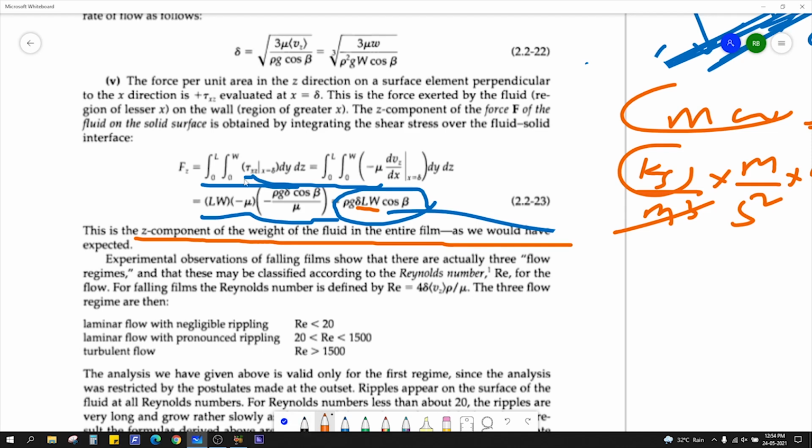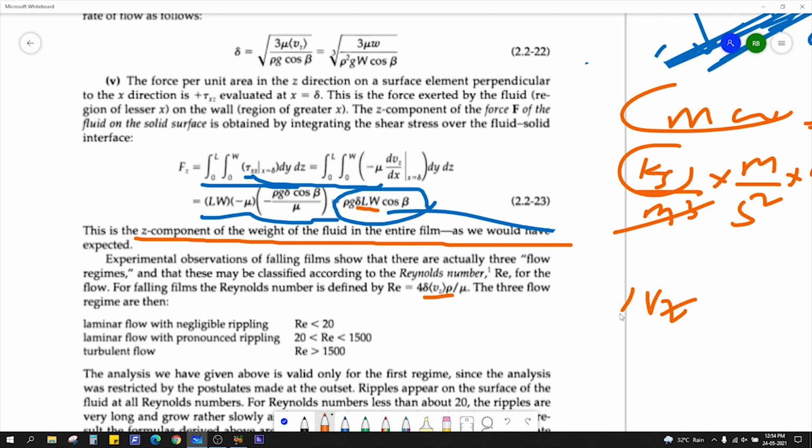Once you have the average values, you can calculate other values as well, like the Reynolds number. Remember, if you are calculating velocities for this kind of problem, always take the average velocity while calculating the Reynolds number. Because Vz is a function of the x direction, you cannot simply put it in the formula.